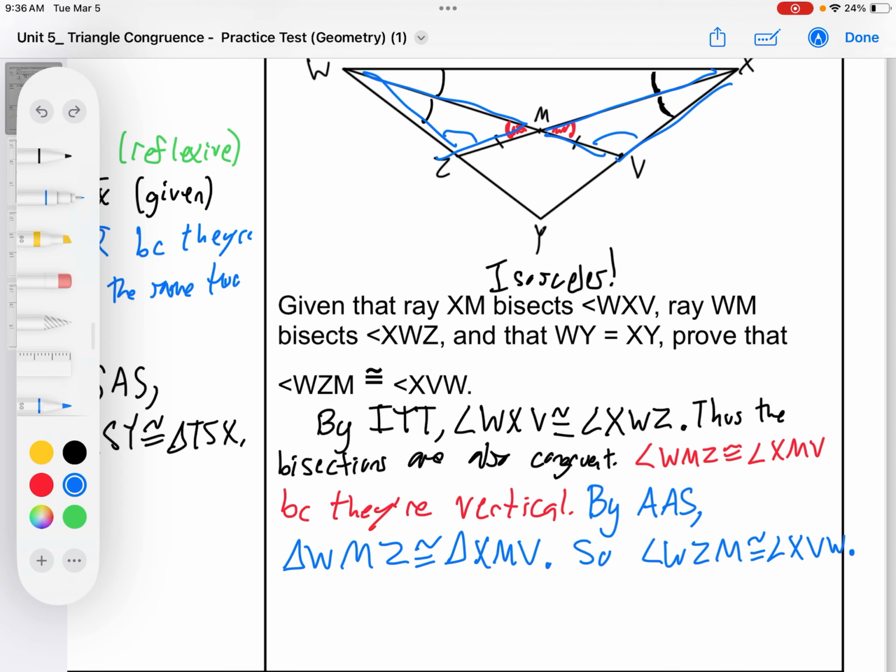However, what you do have to do is make a few logical connections. You can't just be like, I can see angle side right away. You have to decide what you're going to use.